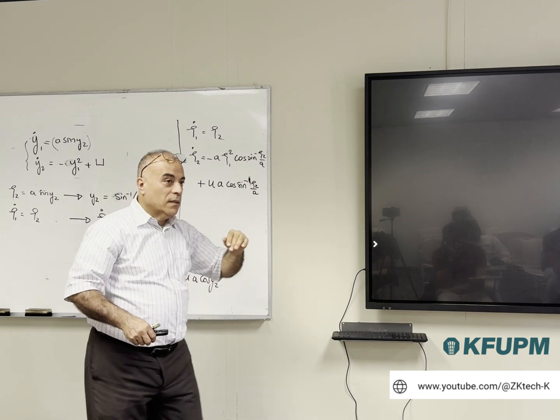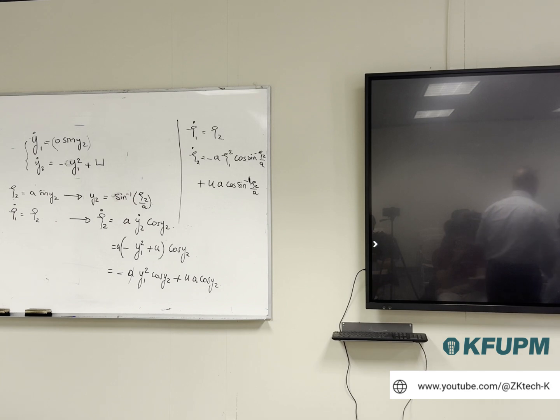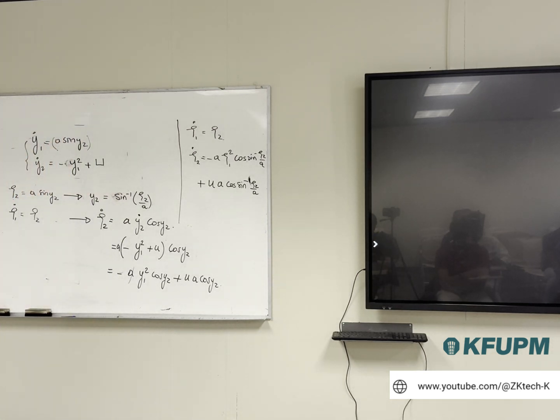So it's a clean way to write it. You have to put everything as the same value. This is your state space. Your new state space is zeta 1, zeta 2. Your nonlinear system is y1, y2, but the linear one is zeta 1 and zeta 2.